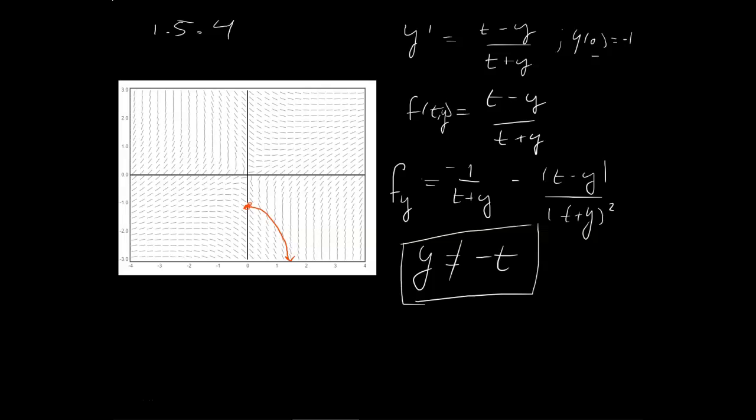So wherever you pick your initial value, as long as it's not on the place where the function and the derivative are undefined, you will have a unique solution. In this example, if you start up here, just to eyeball it, it looks like it would swoop down a little bit, maybe swoop over, maybe start swooping up, something like that. All right, great.